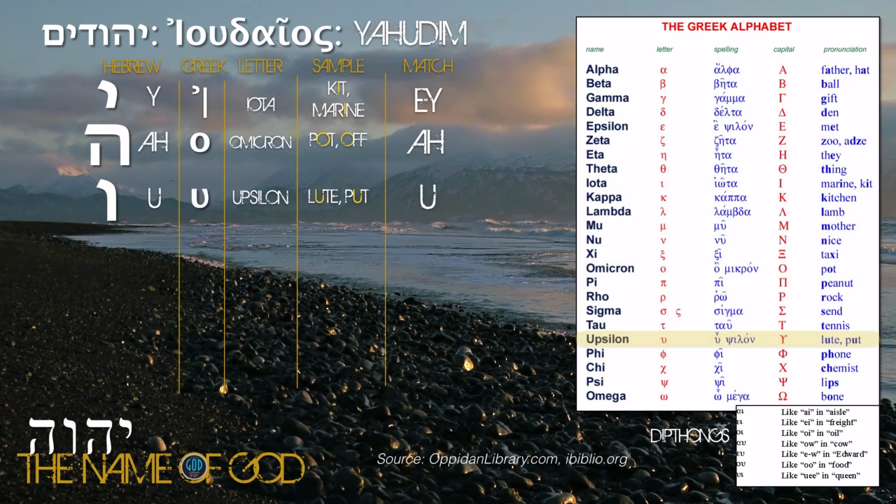Then we basically have a U with the sound in lute. Oh, look, it's Yahoo. Boy, that's pretty close, isn't it? Well, let's see. What is it not? Well, that's not Jew, is it?